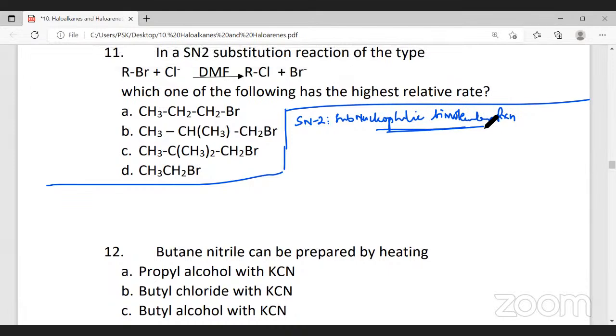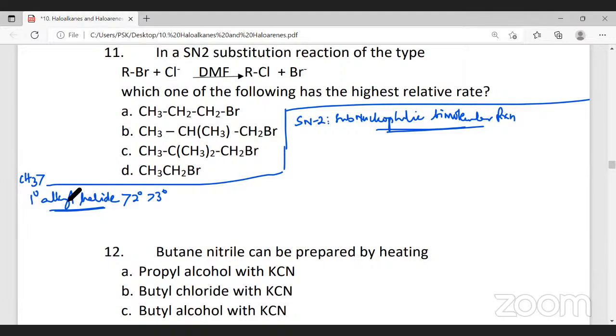Now, primary alkyl halides will undergo the SN2 mechanism more easily. So primary will be greater than secondary, and secondary will be greater than tertiary. And firstly, you should say methyl is greater than what? Primary alkyl halide.